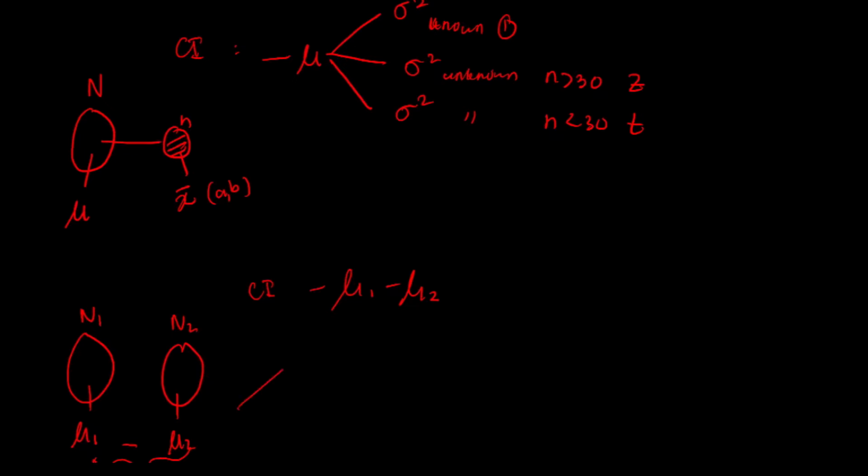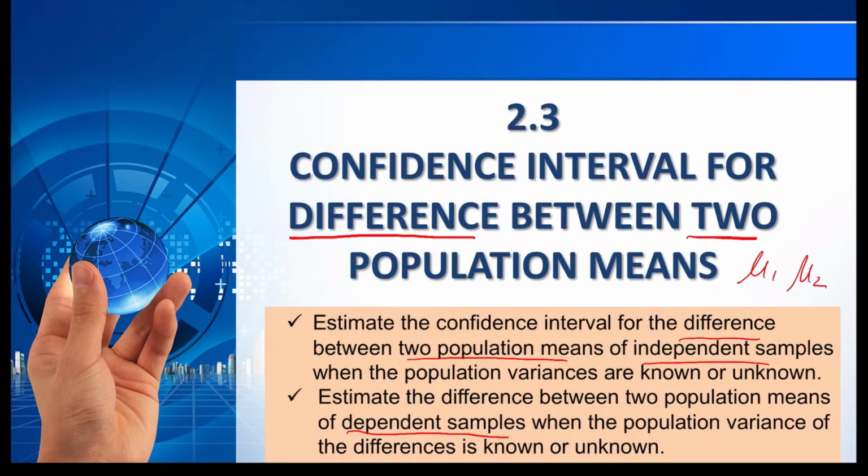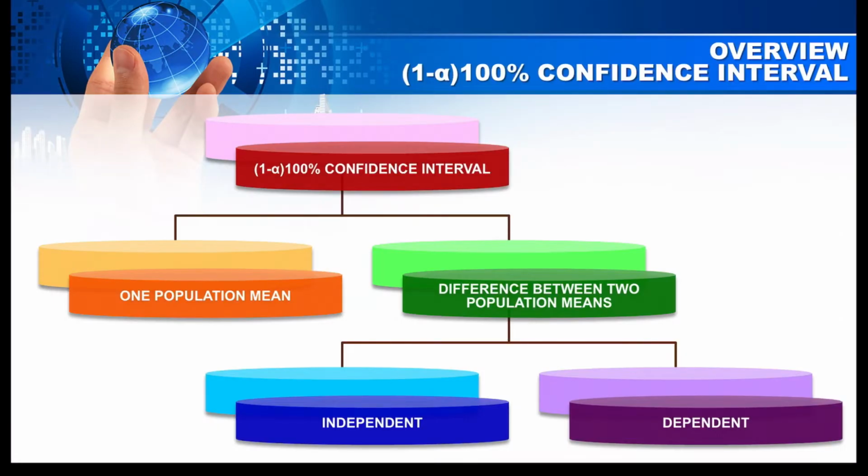So we will use the confidence interval for mu1 minus mu2. Recall that we had the confidence interval for one mu; now we have it for two mu. The first case is independent, so let's look at it.